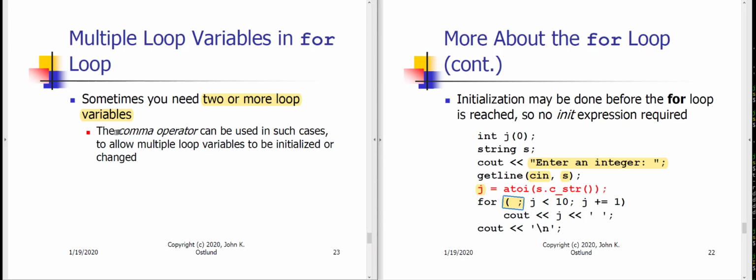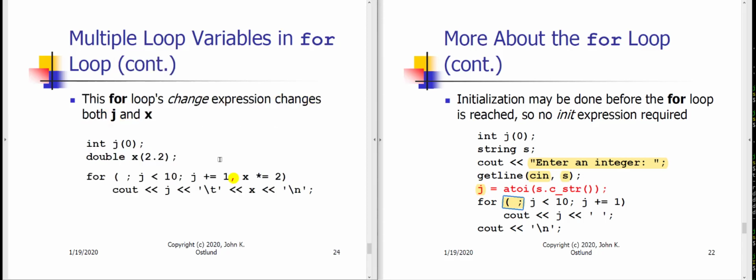Well, turns out that you can use something called the comma operator to separate the multiple changes that you need to do or the multiple initializations that you need to do within the loop.